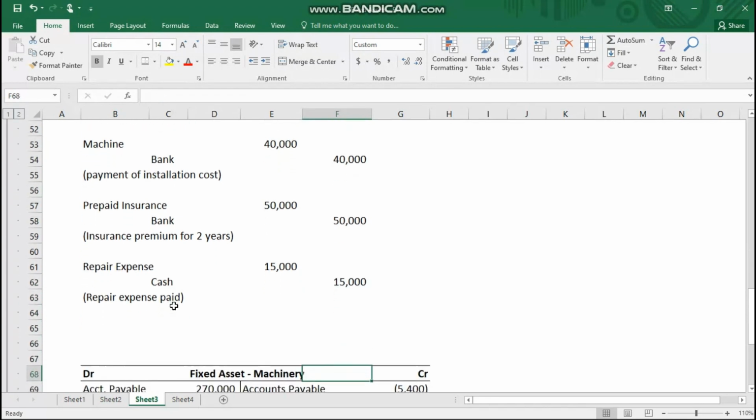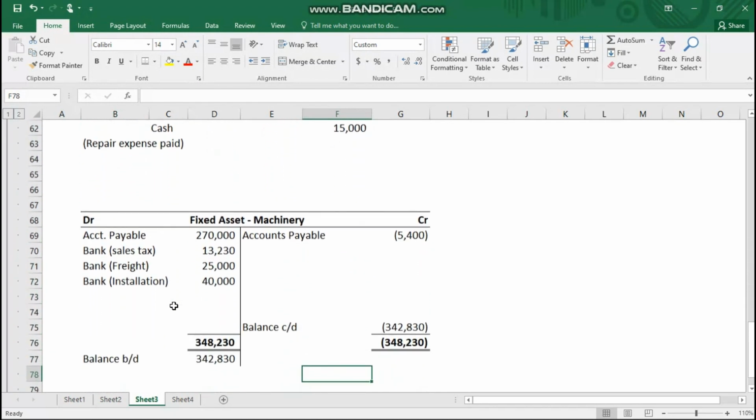And also see the T account. I have prepared a T account for this fixed asset machinery. So first of all, we start with the price, that is after the trade discount. So this is posted here as 270,000. Then we have sales tax amount, then we have freight amount, then we have installation amount. So all these will become part of the cost of machinery.